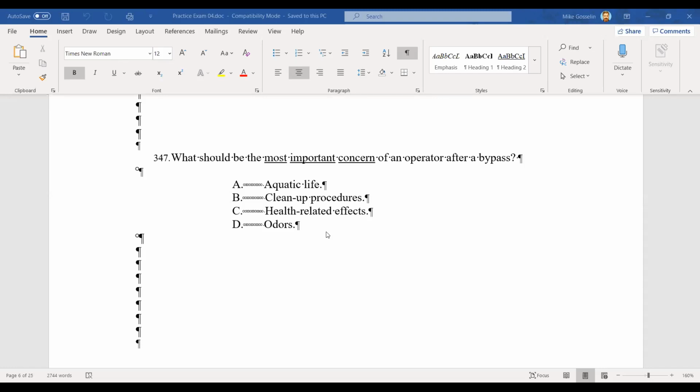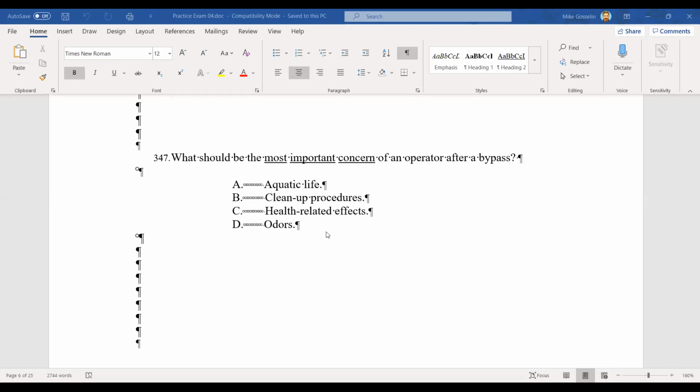So this question is designed around what your role is as an operator. So if there's a bypass, so we're saying raw sewage went around your plant and directly into the environment. Aquatic life, hugely important, but nothing that you can do about it, typically. Health-related effects, again, hugely important, but as an operator, nothing you can do about it, and odors as well.